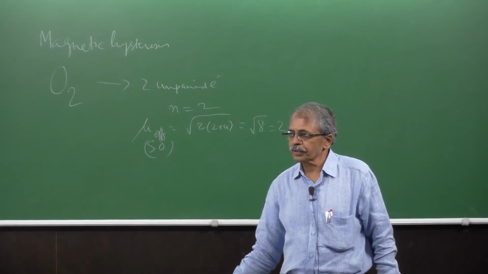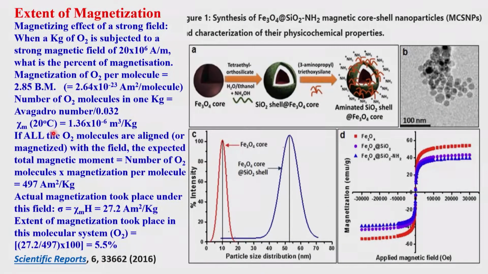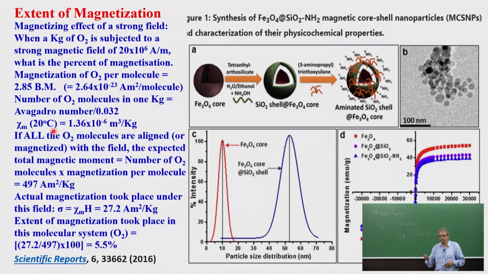Now, you can see the number of molecules that are there per kg weight. That we know from the Avogadro number, 6 into 10 power 23, and 32 grams. So, therefore, divide with 0.032, then you will get the number of molecules. Now, you know one molecule has got this. So, the total magnetization can be worked out, and that is coming to be around 497 meter square per kg.